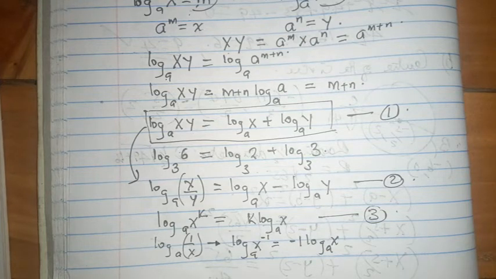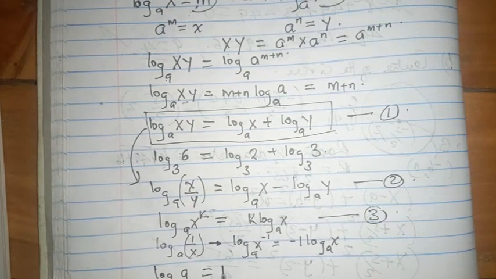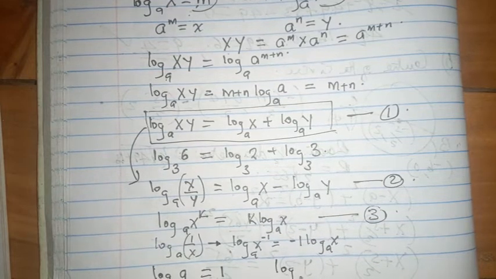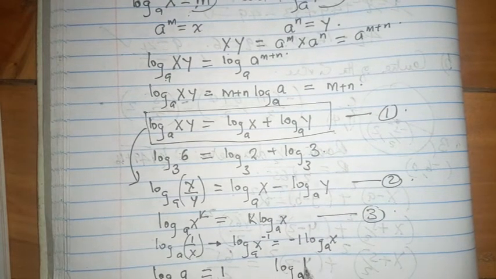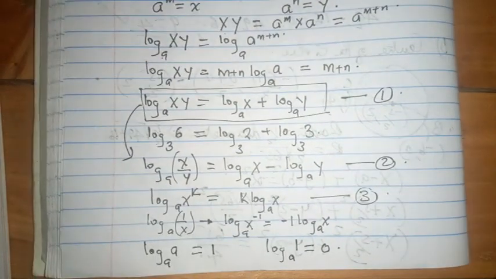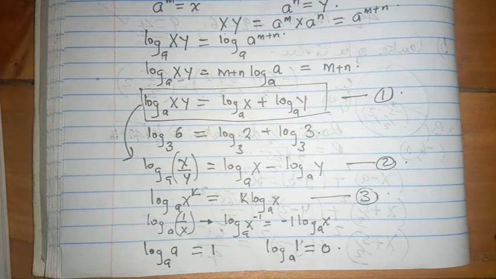Of course, everybody should know that log to base a of a is equal to 1, and log to base a of 1 is equal to 0. You will try this out on the calculators, but yes, that is the lineup of all the laws of logarithms that we are going to use in this topic.